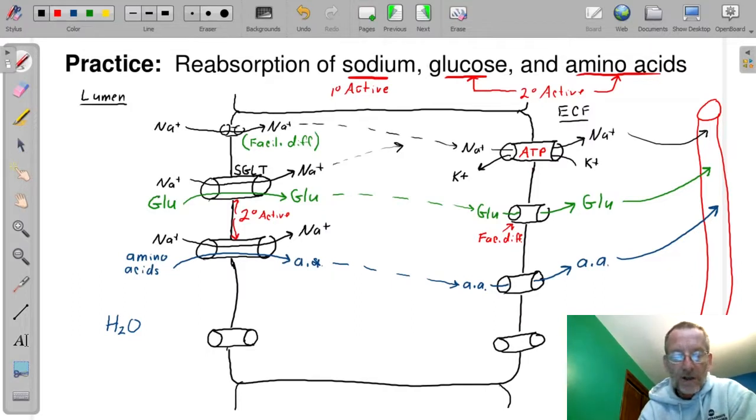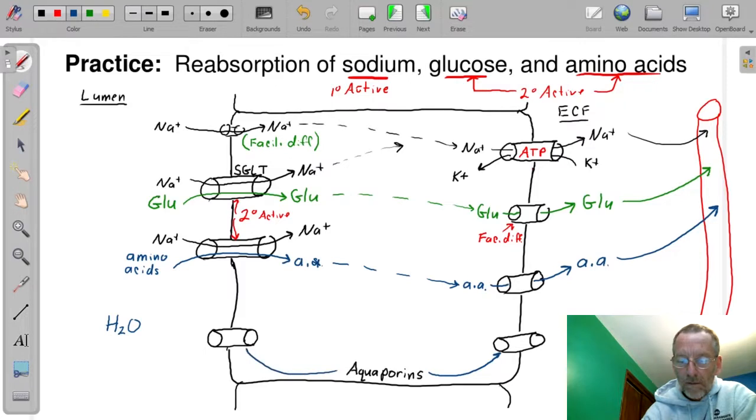It's basically following the sodium. So these are aquaporins, and the water just follows the sodium.